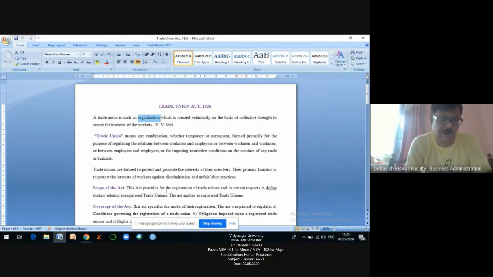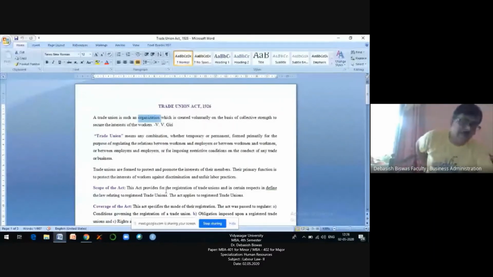So why is registration required? If you do registration, then you can enjoy certain rights and privileges. And if you are a registered trade union, then you must have certain duties that have to be discharged by that trade union. We have certain liabilities. You are enjoying some rights, and side by side, you are also discharging some of the liabilities.